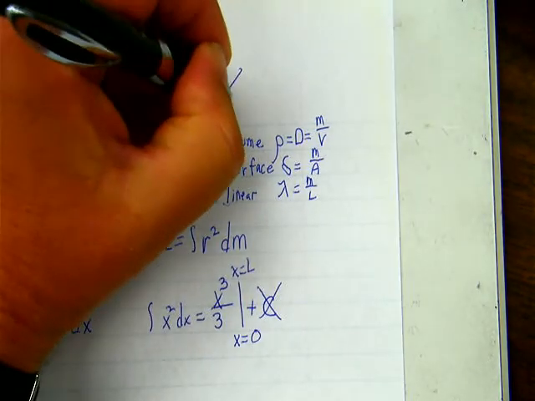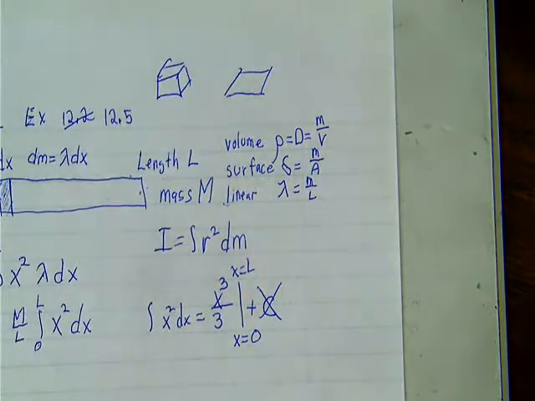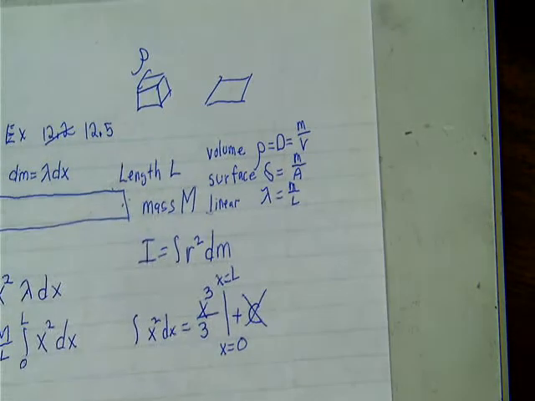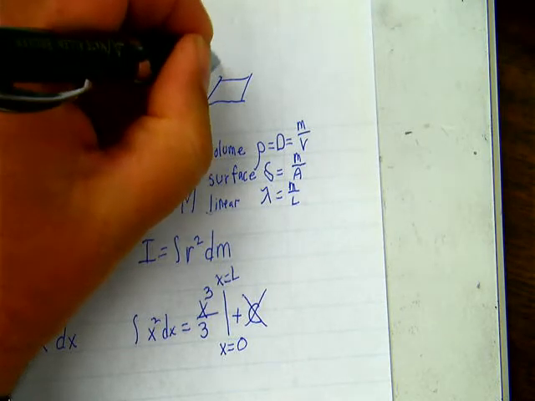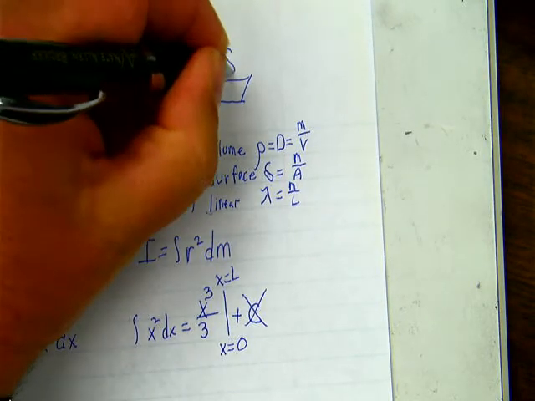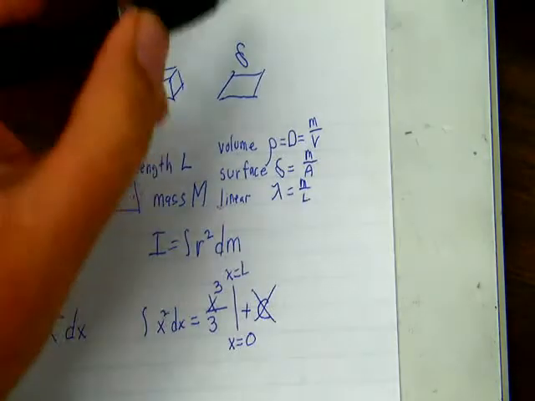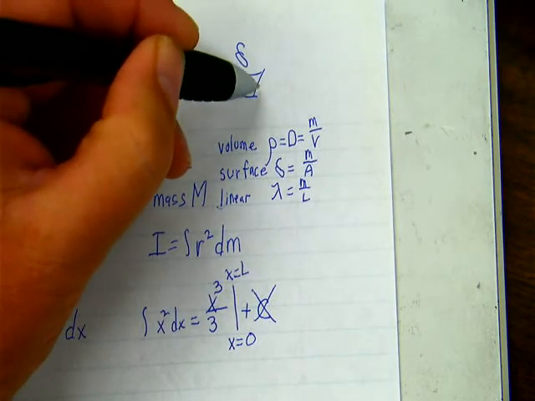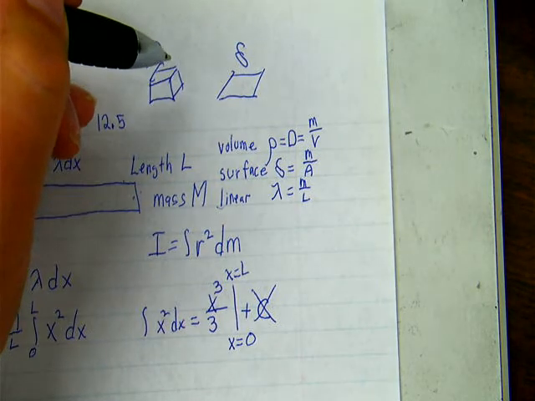When you only have a two-dimensional object, like a sheet of paper, we define the surface density, sigma, as being the mass of the sheet of paper divided by the surface area of that sheet of paper.